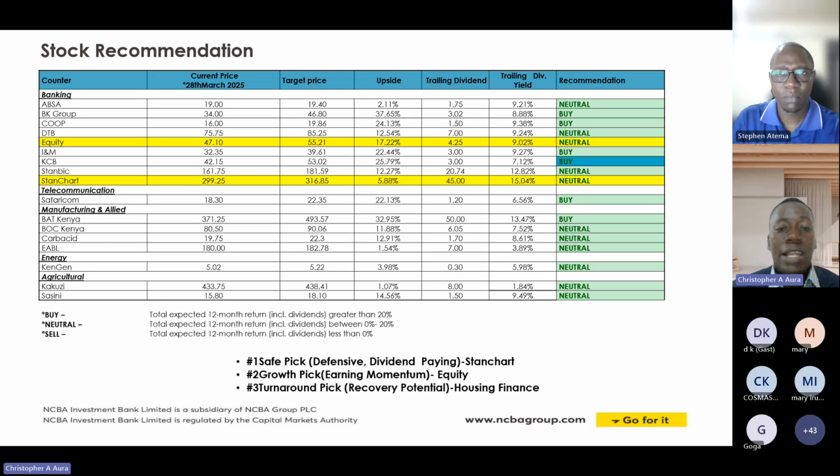The rebound that we saw in 2024 might reduce, because year to date we have already seen signs of a decline. So this will have an impact, because we depend on foreigners to move our markets.